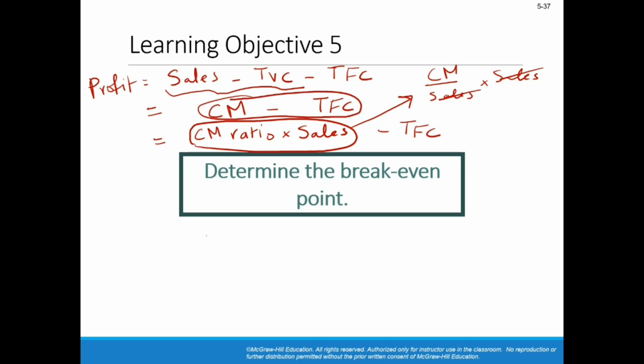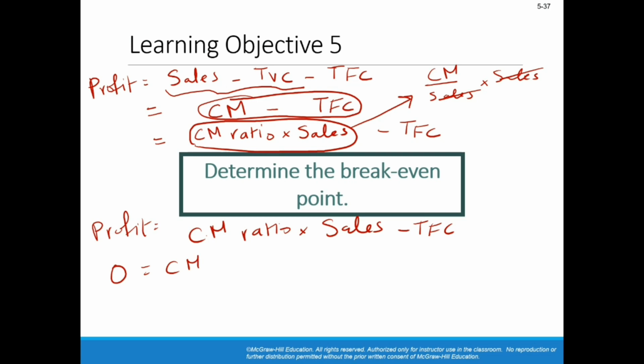So we reach the point where profit is equal to CM ratio multiplied by sales minus total fixed cost. So if I ask you what is the required dollar sales amount in order to attain a break-even or a profit of 0, replace this with a 0 and solve for sales.